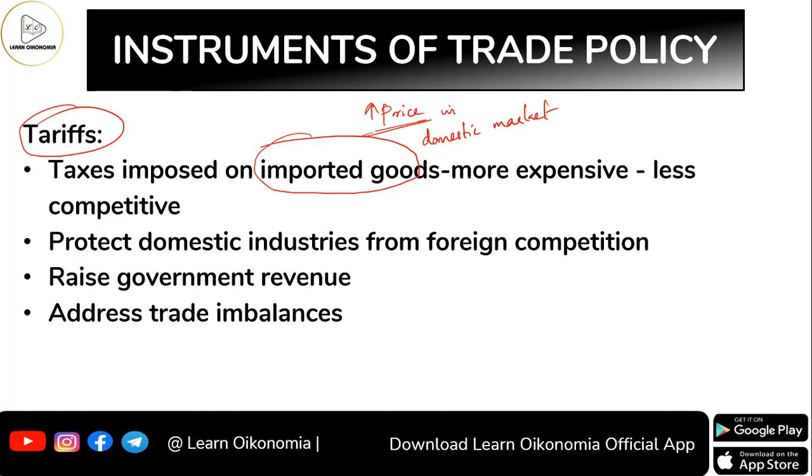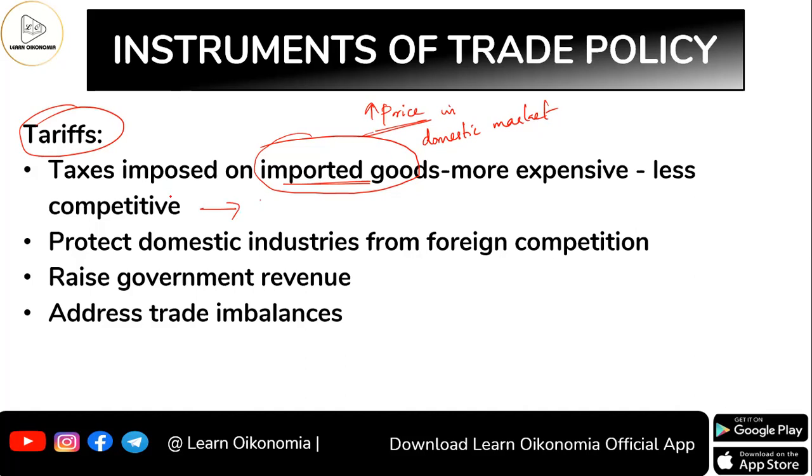In such a scenario, this imported good will become more expensive in the domestic market, and it will face less competition. What does less competition mean?